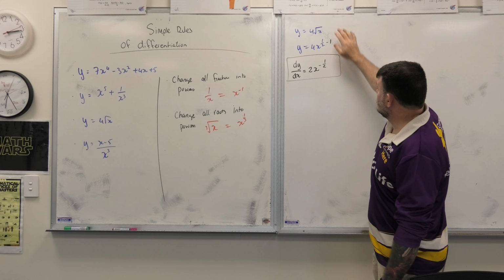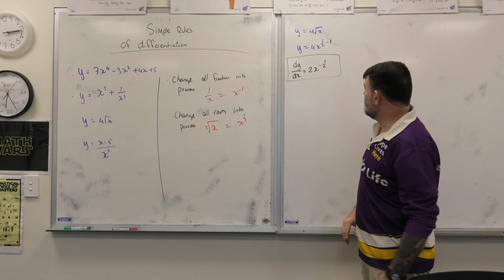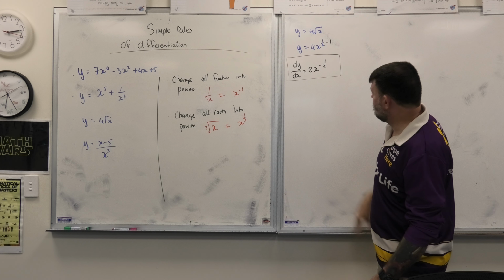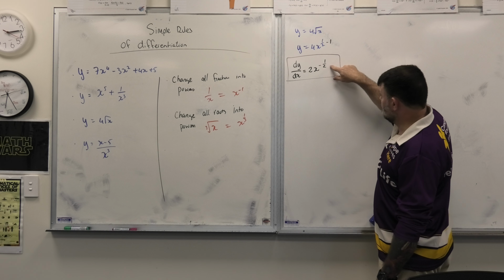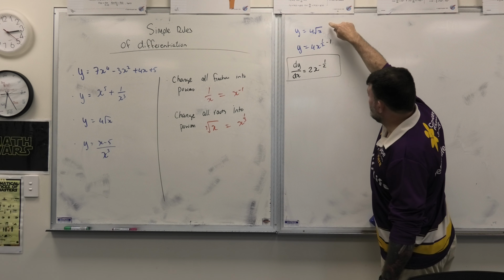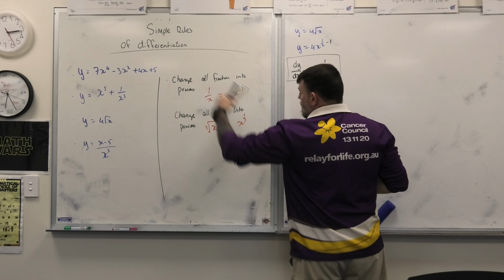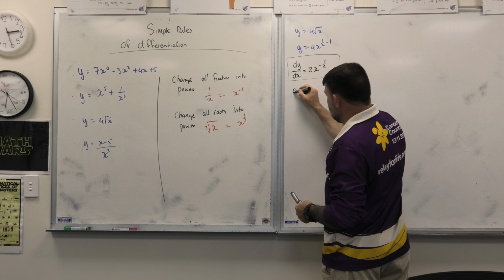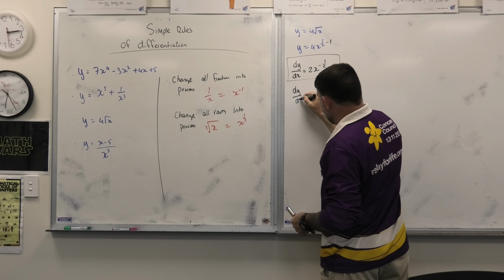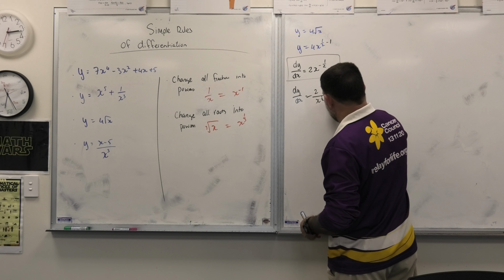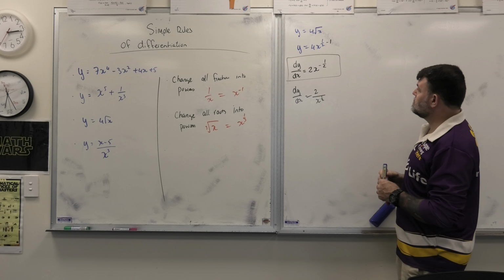Well, we know what the square root of x is going to become. It's going to become the negative of 1 on 2. However, if we look at this function here, we can mix two of these parts up. We can rewrite this here as dy dx is equal to 2 on x to the power of a half. So I'm just reversing this.